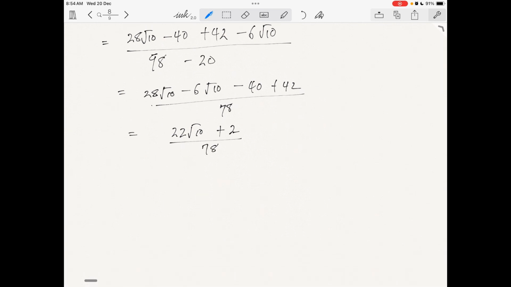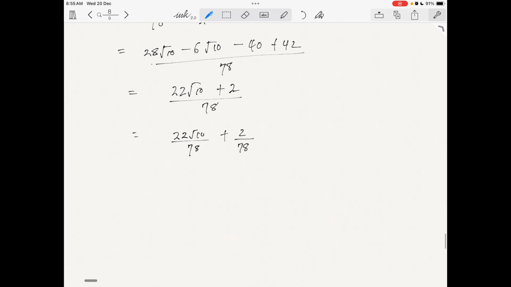We can now split further and say this will give us 22 root 10 divided by 78, plus 2 divided by 78. Now it will divide, and we will have 11 root 10 over 39 plus 1 over 39.